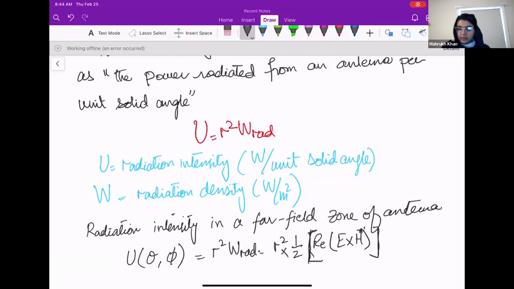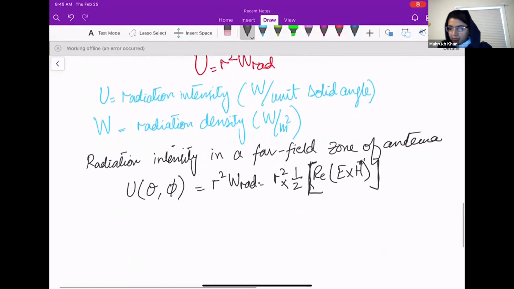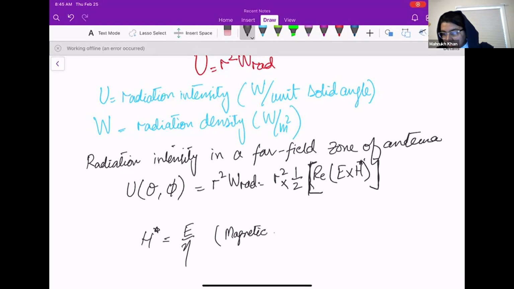It's not in your book, but I'm just giving a little bit of the background. So in the far field, we think that it's a real component of electric field, okay? So I will write it like H is equal to E over eta in your far field. It's a big approximation of the magnetic field in far field.